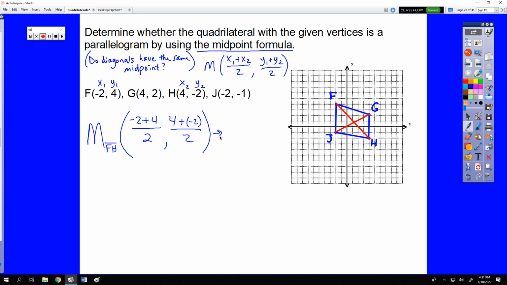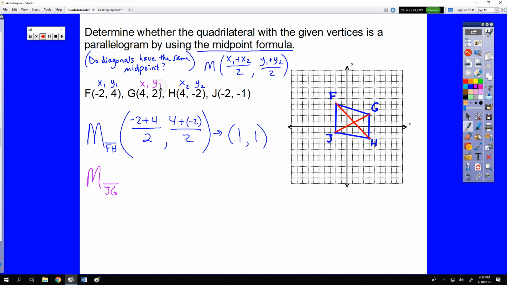So the midpoint of FH would be 2 divided by 2, which is 1, and 2 divided by 2, which is 1. So the midpoint of FH is located at 1, 1. We would then do the same thing with G and J. So we do the midpoint of JG. Remember, this would have to be the same.